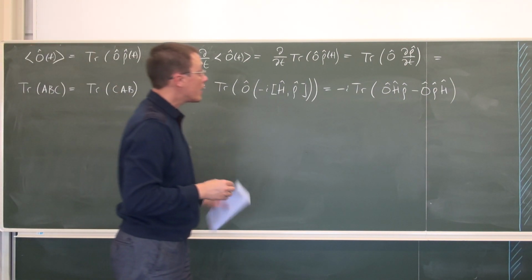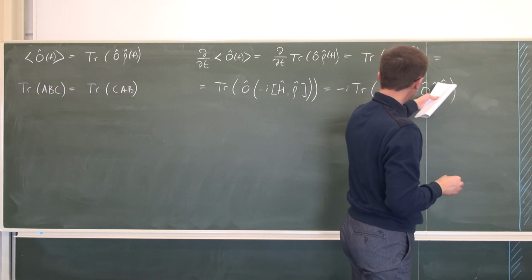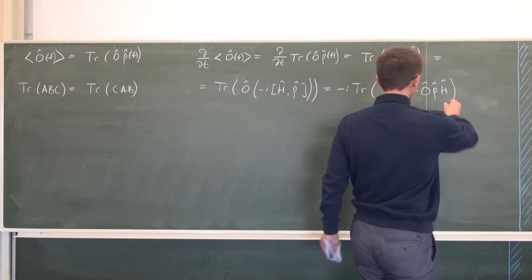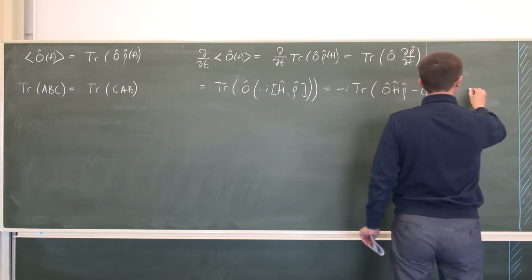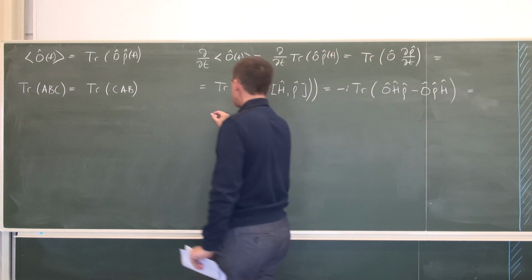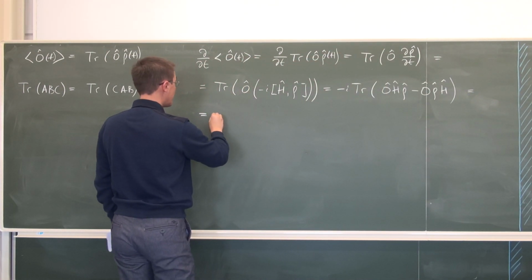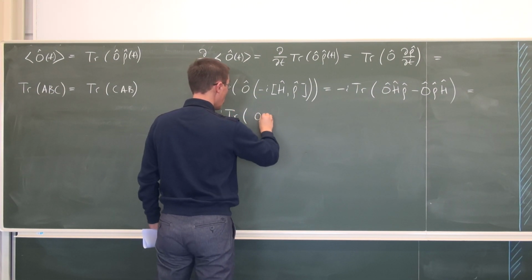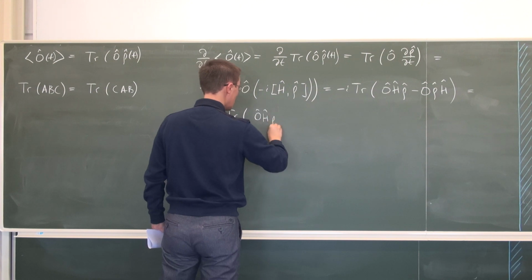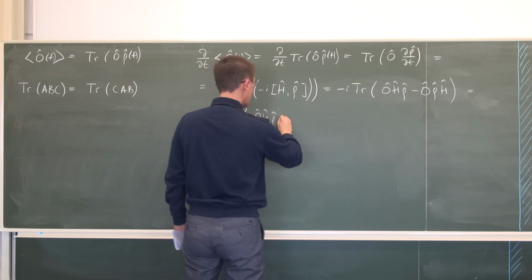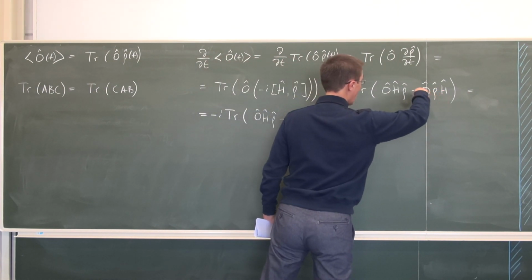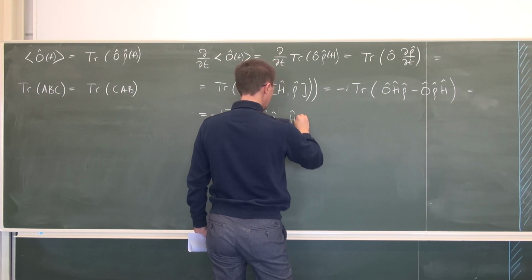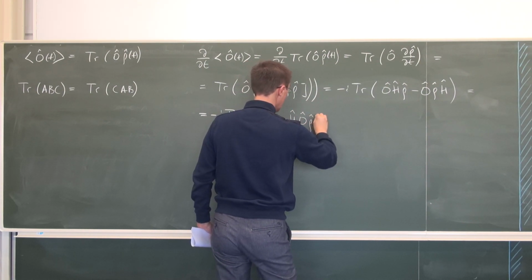Okay, so I will now do that here. So I will shift H over there and see what's going to happen. So that is minus i and then trace of O H rho and then minus, so H over here, H O rho.